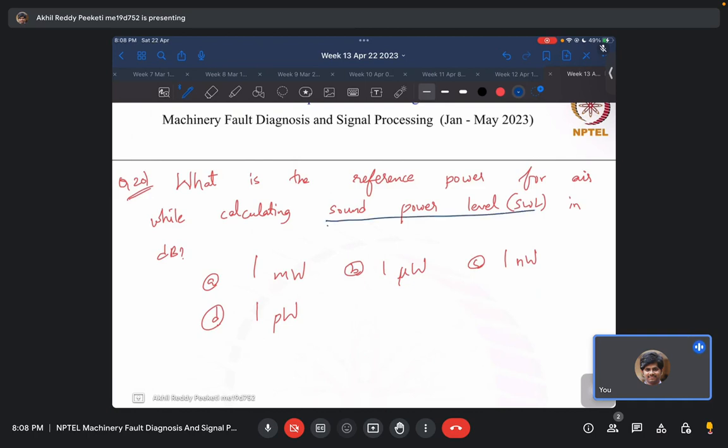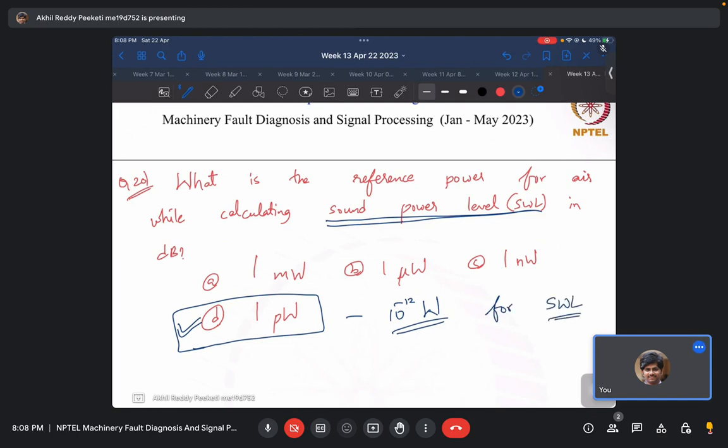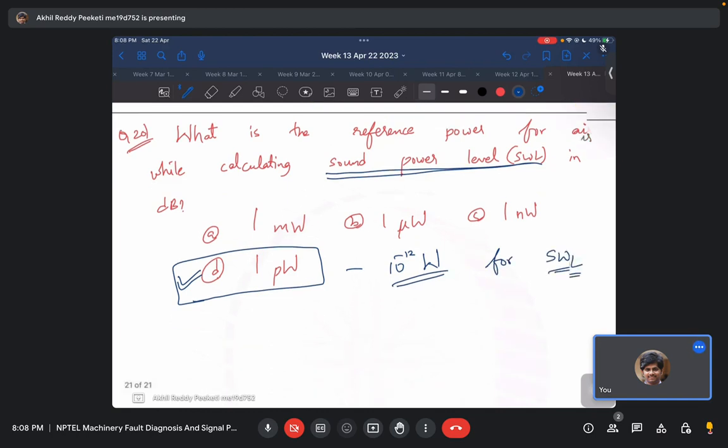While calculating sound power level, SWL, what is the reference power? The reference power used is 1 picowatt, 10 power minus 12 watt for SWL.